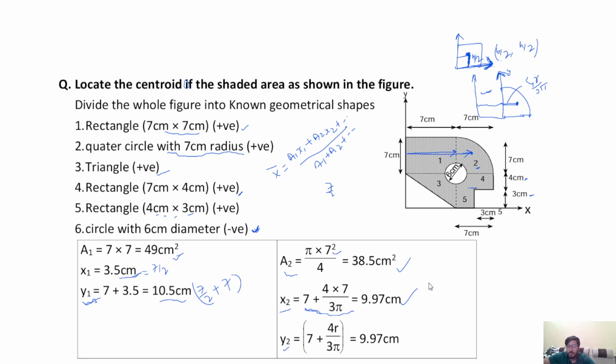And y2 is the centroid of figure 2 from the reference x-axis.